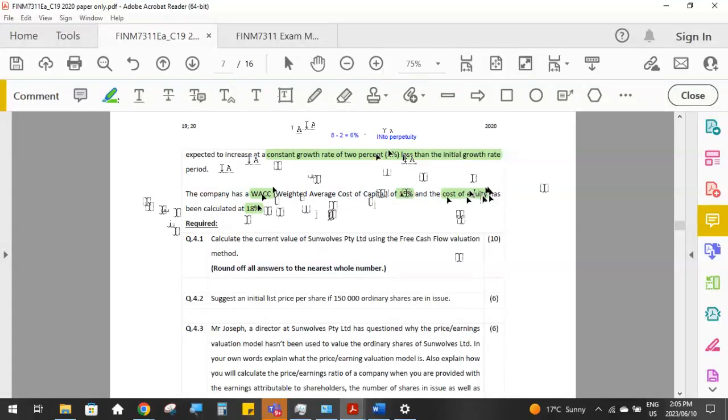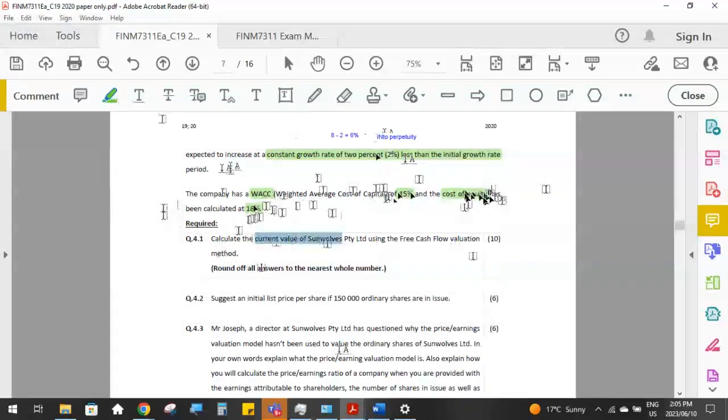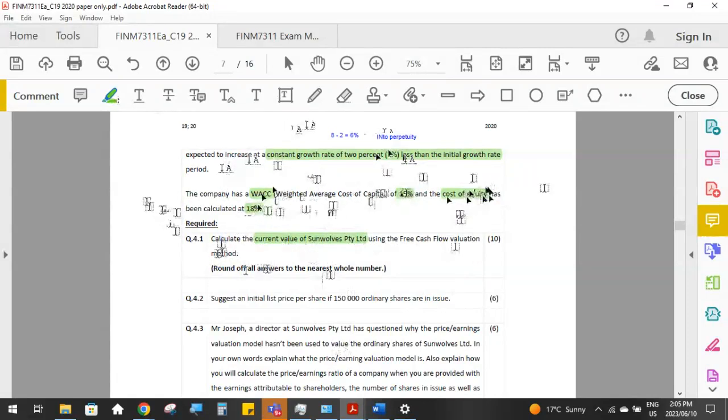So first of all, then, for 10 marks, they want us to calculate the current value of Sunwolves using the free cash flow valuation method. So take note also, what they've said here is what we will calculate is the current value of the entire PTY Limited. They didn't say calculate the current value of a share. It's calculate the current value of the company.